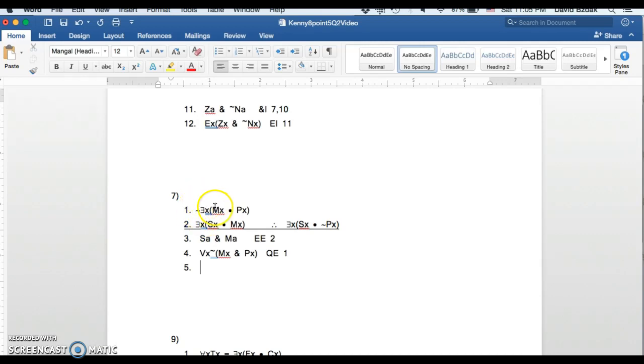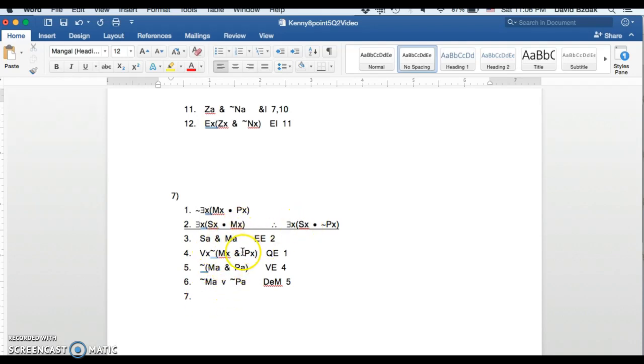So again, we jumped the negation over the quantifier, changed it from existential to universal, kept everything else the same. Now we can get not MA and PA by universal elimination of 4. Not MA or not PA by De Morgan's 5.